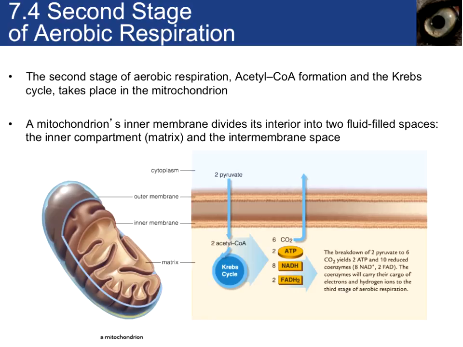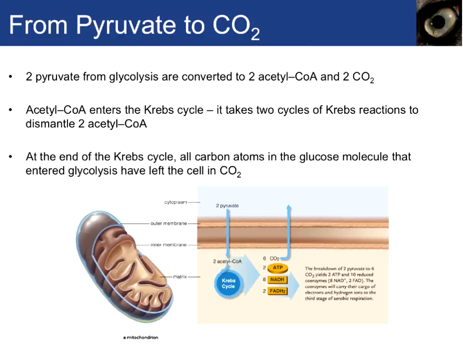So in the Krebs cycle, 2 pyruvate are used to form carbon dioxide and ATP and more high energy molecules, so NADH and FADH2. And something else you don't need to remember is how many of these high energy molecules are formed at each step. So there are 8 steps in the second stage of cellular respiration.